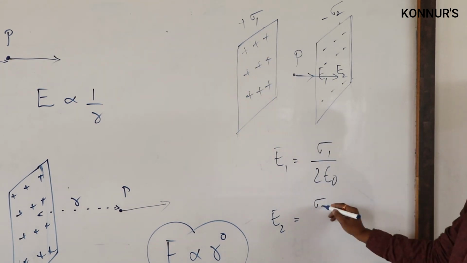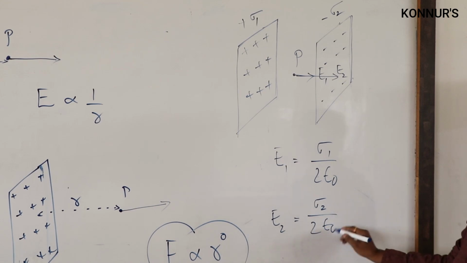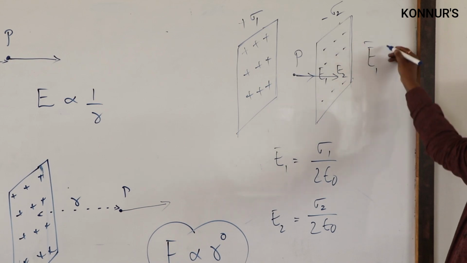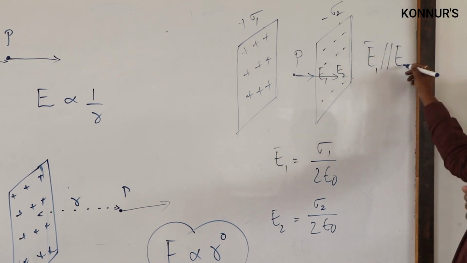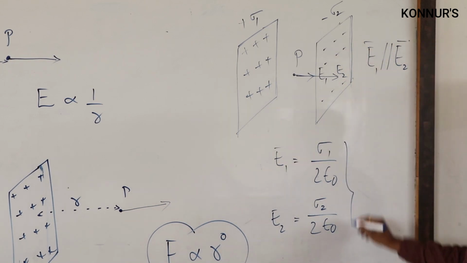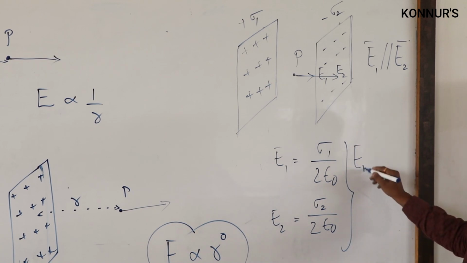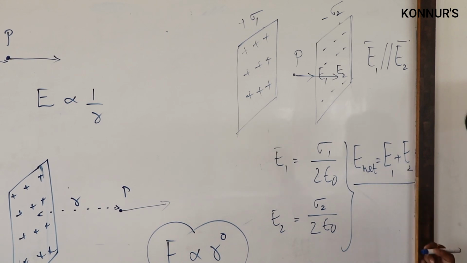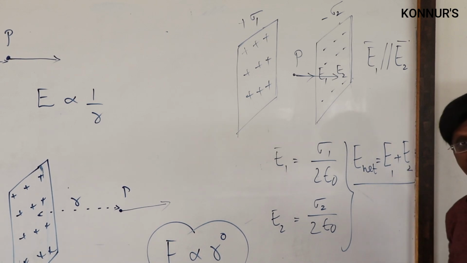Therefore E2 is sigma 2 by 2 epsilon naught, where you will find that both E1 bar and E2 bar are parallel. Because of this, what will be the net intensity? It will be E1 plus E2. You have to take the summation E1 plus E2. This plus is due to vector addition. It is not the algebraic addition we have taken.